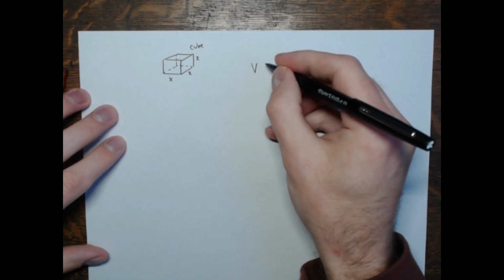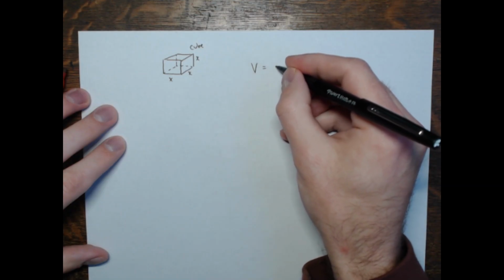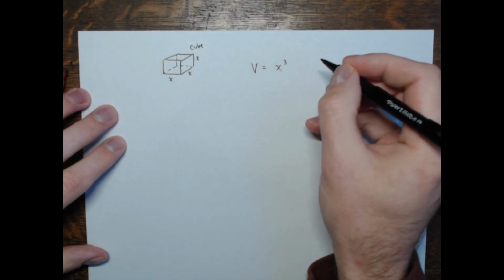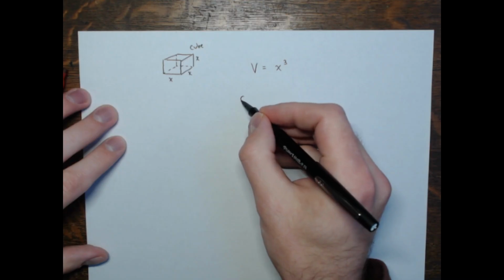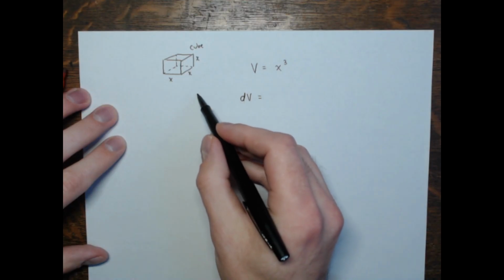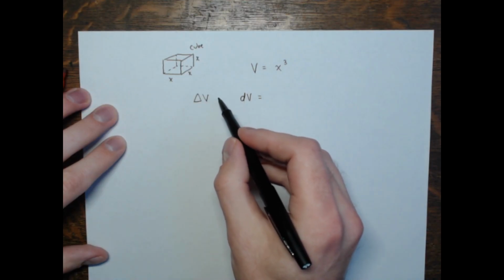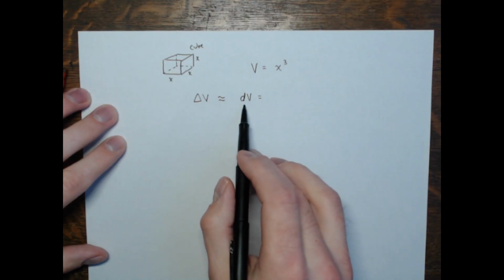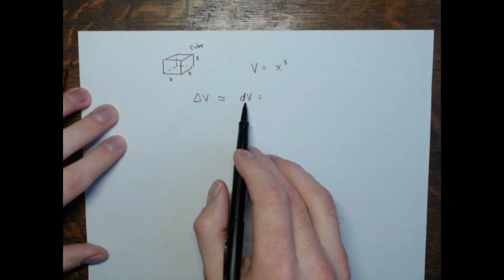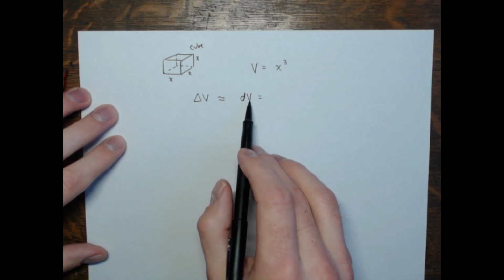So the volume of a cube is just x times x times x, x cubed. Then the change in volume, the differential of volume. The actual change in volume would be approximately the same as the dV. Remember, this is actual change versus the linear change, the approximate linear change, the tangential change.